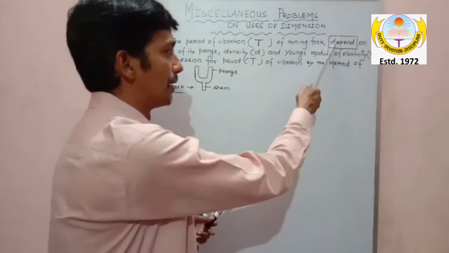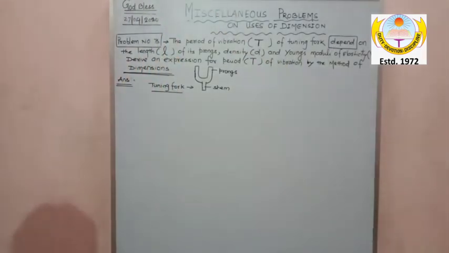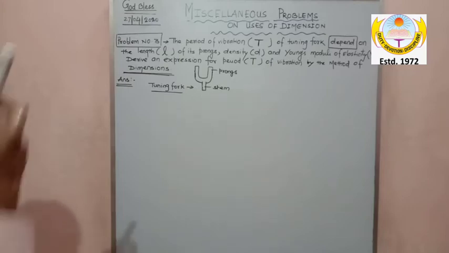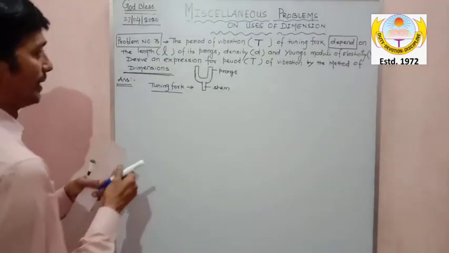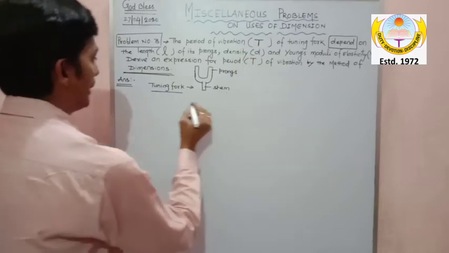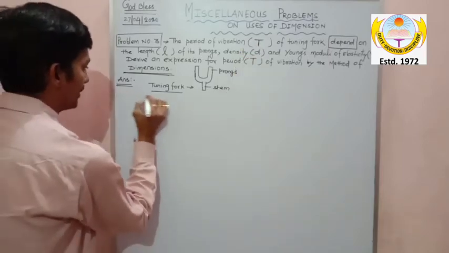I have given the word depend, and if I have given the word depend, you understood which use we are supposed to use here for the dimension. Now let's begin. Let's begin with the topic of how to do this. Let's start. Here, my dear, the first word is time period T. So I am starting.